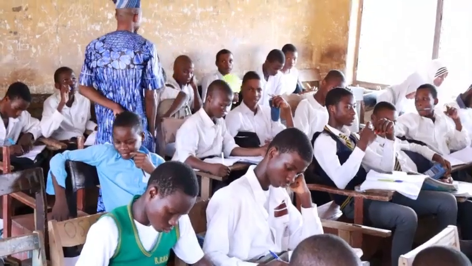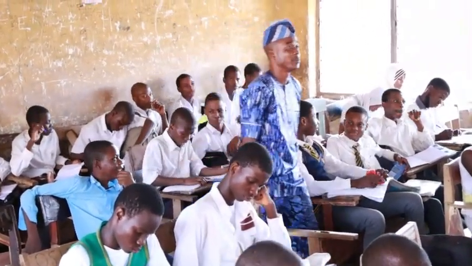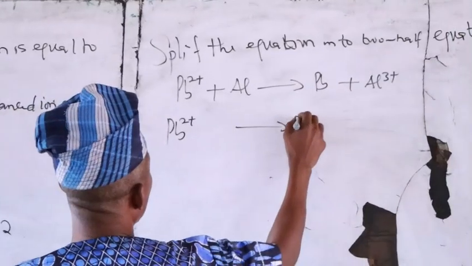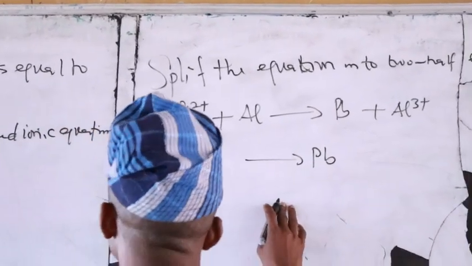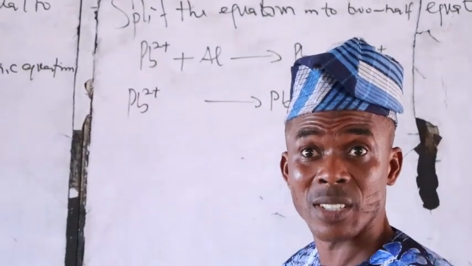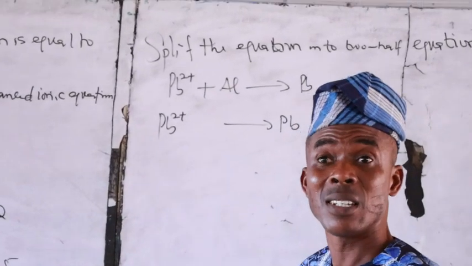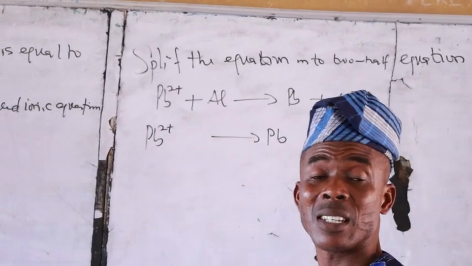What you are writing is nonsense. This half equation is not balanced. You must put the charge. Majority of you did not put charge there. You just write like this and leave it. Is this equation balanced?